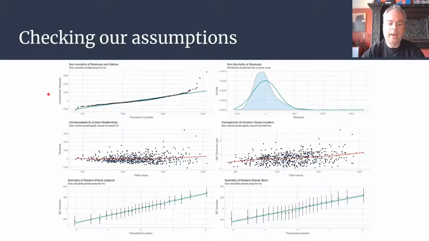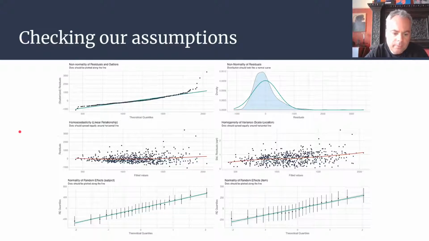So the first thing, absolutely the same for linear models, is that we're assuming our residuals are normally distributed. So we'd expect to see the residuals plotted along this line here. And in most cases, that's true. It's only at these extreme values that the model seems to break down a little. But I'd be pretty happy with this as indicating our residuals are normally distributed. And we can see here, residuals do look roughly normal.